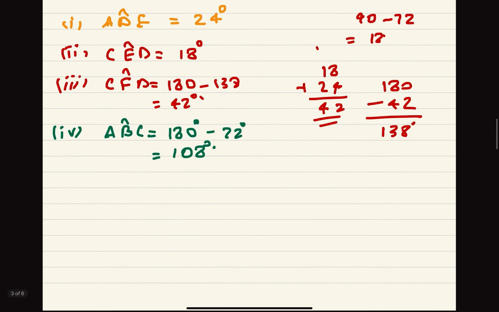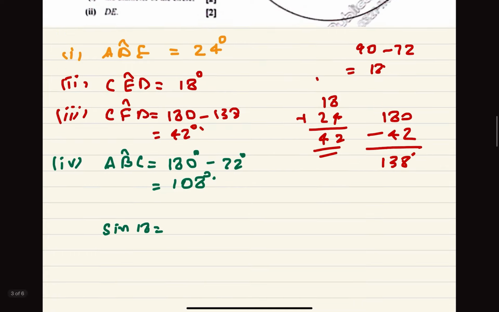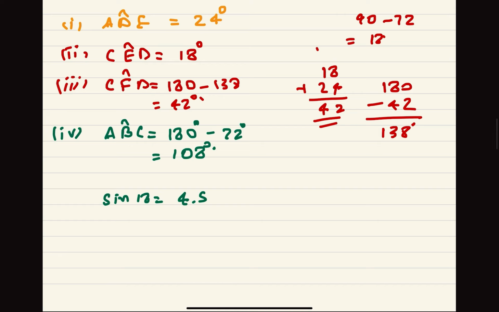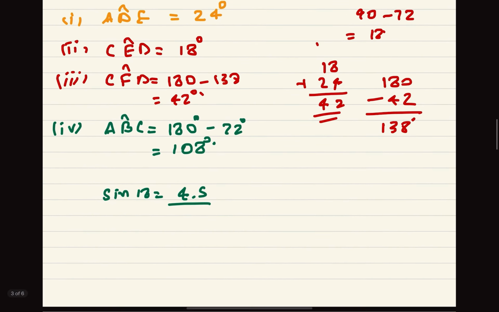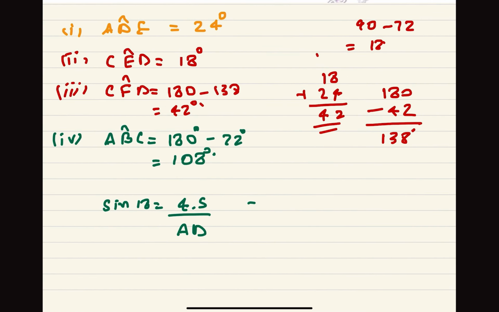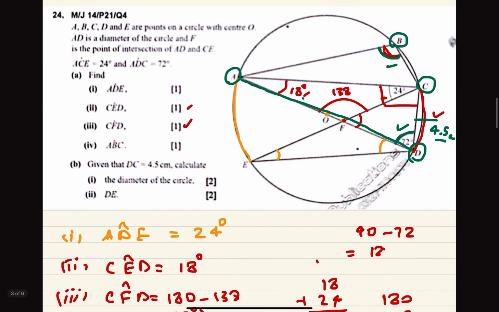Sine 18 is opposite, which is 4.5 centimeters, over the hypotenuse, which is AD in this case, that you need to find out. This means AD is 4.5 divided by sine 18, which is equal to 14.56.